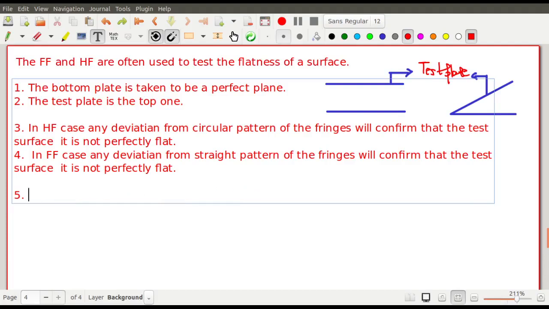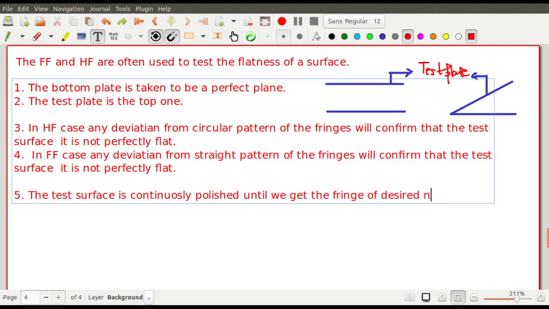The test surface is continuously polished until we get the fringe of desired nature. Desired nature means if it is Haidinger, then you want circular fringes, and if it is Fizeau's fringes, then you want straight line fringes.